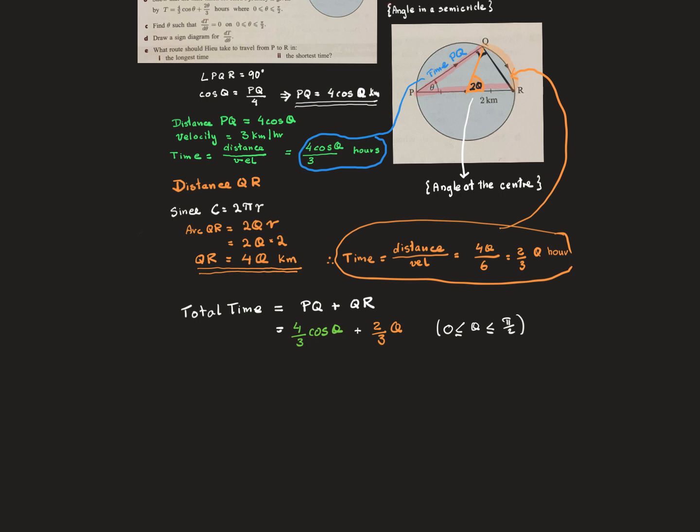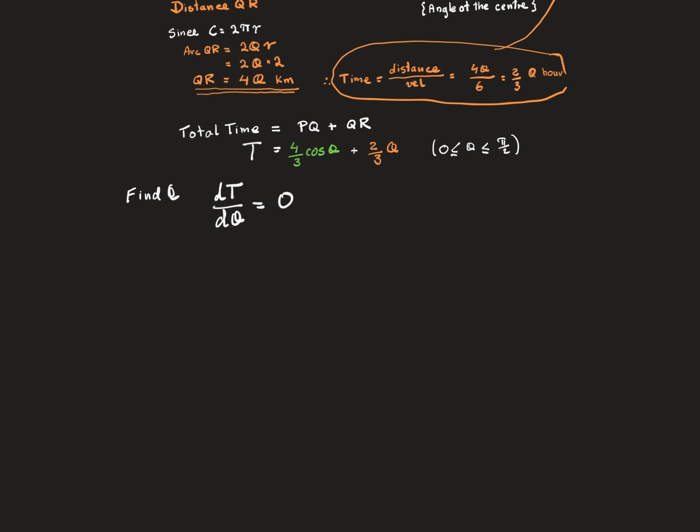So we're going to find theta when dT over d theta is 0. Differentiating that equation, we get minus 4/3 sine theta plus 2/3, and we're going to make that equal to 0.